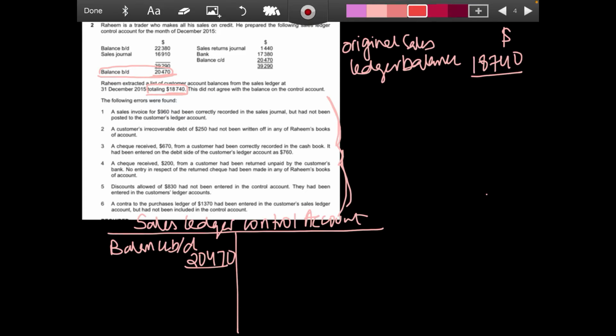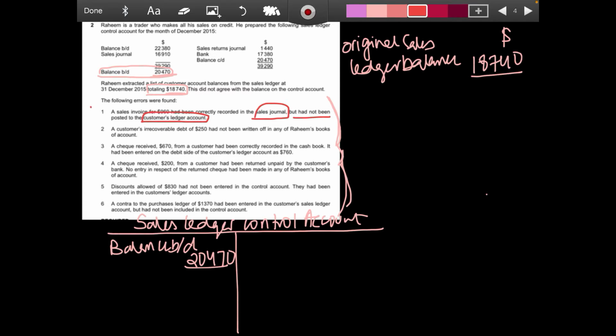A sales invoice for 960 had been correctly recorded in the sales journal but had not been posted to the customer's ledger account. So it was correctly recorded in the sales journal. There was no mistake in the control account or the day book, but it had not been posted to the individual ledger account.